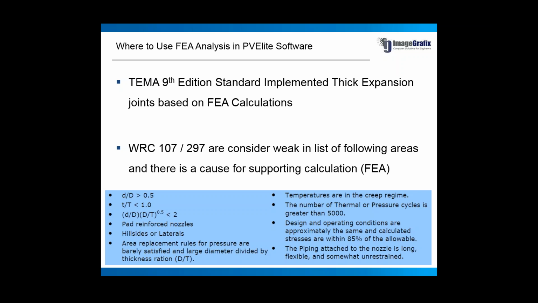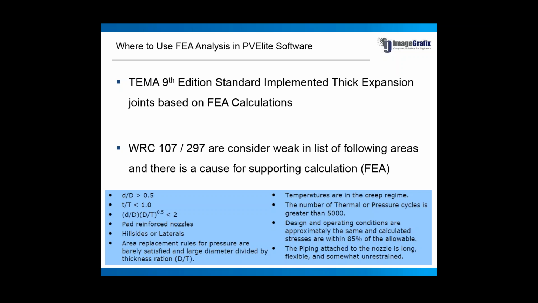WRC 107 has chart values till 0.8, and WRC 297 has chart values till 0.5. So anything below 0.5, you may need to go for the FE analysis to fulfill the need. Probably you might currently be using PVElite for below 0.5 and doing the analysis, but that may not be the right method or procedure.